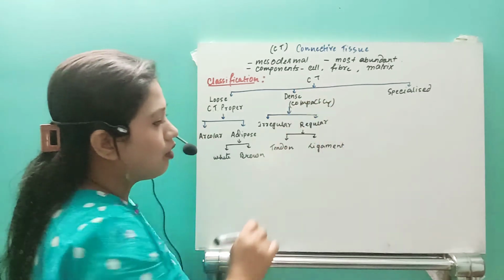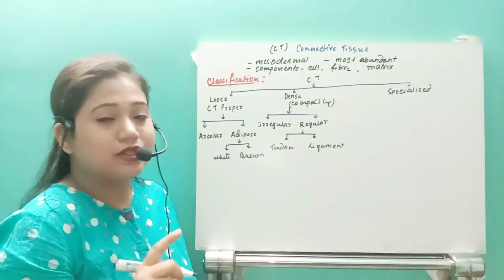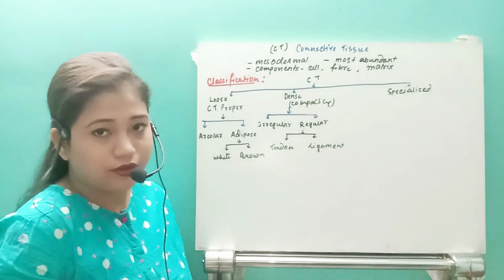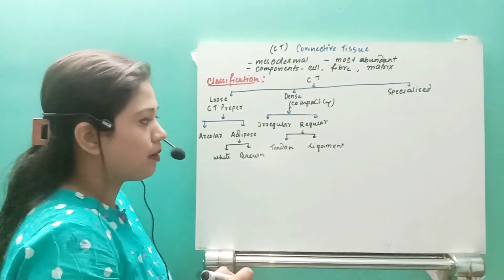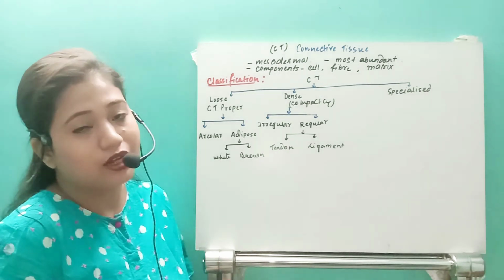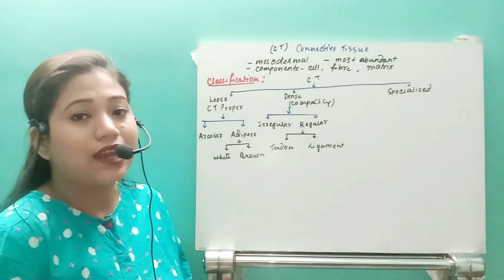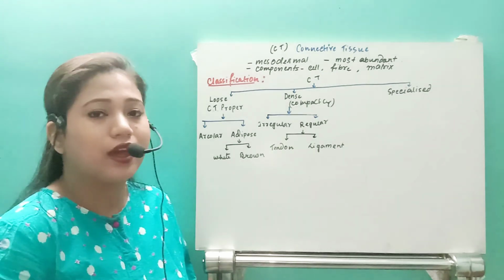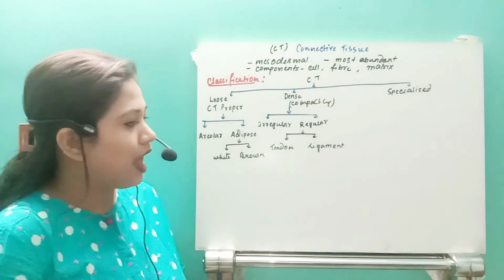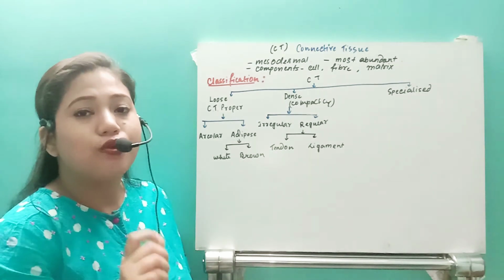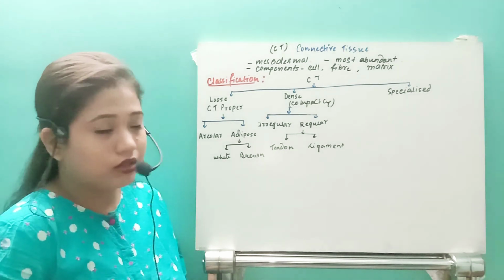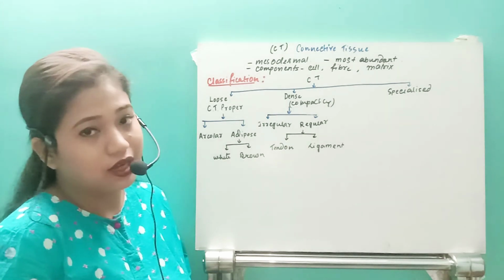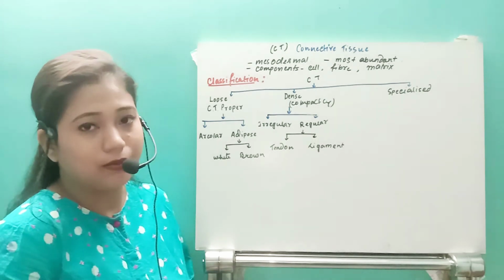Okay. Now see the tendons and the ligaments, the location where they are found, right? One thing you have to remember: the tendon is found in between bone and skeletal muscle, right? And two bones are connected to each other by a dense connective tissue structure known as the ligament, right?